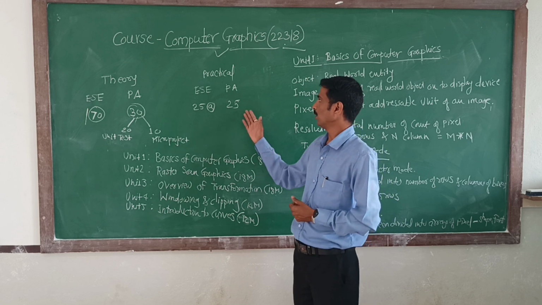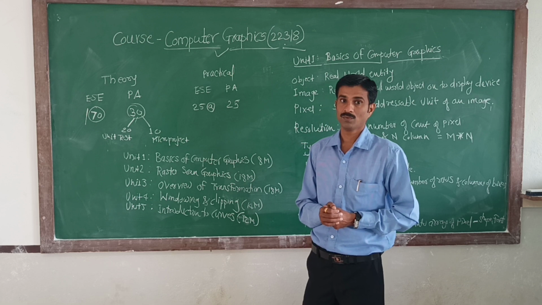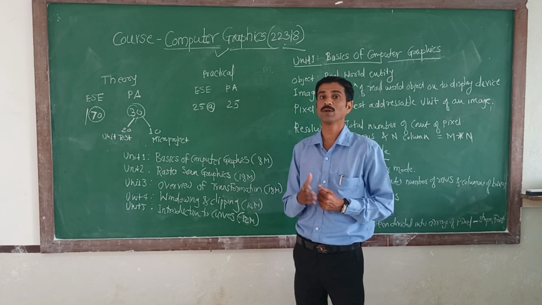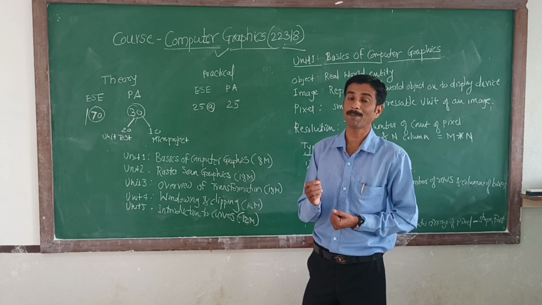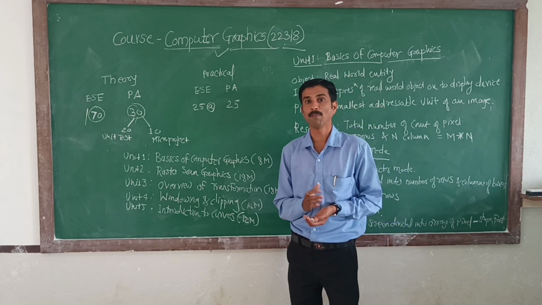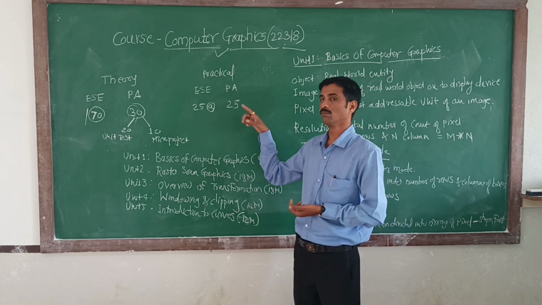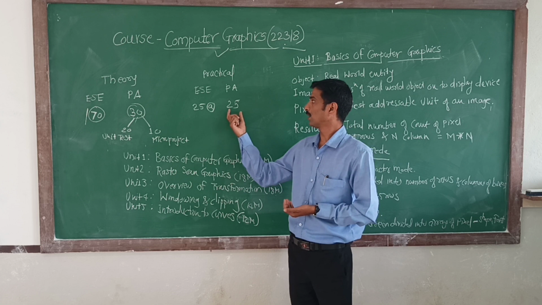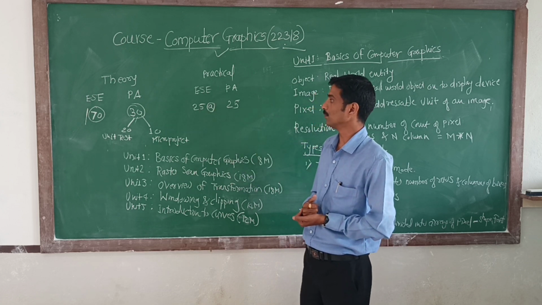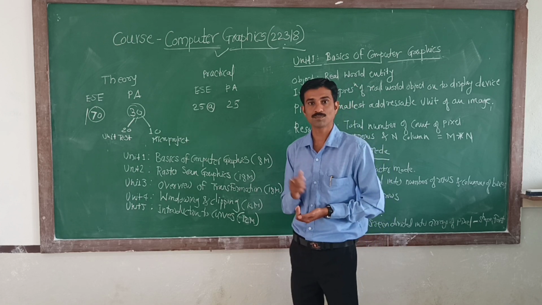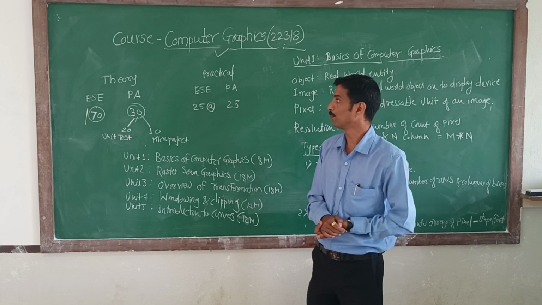Then for PA, that is progressive assessment of practical, in that we are performing different practicals and you are completing the practical experiments in the manual. So for that total marks are 25. Okay, so in total this subject is for 150 marks. This subject is for 150 marks.